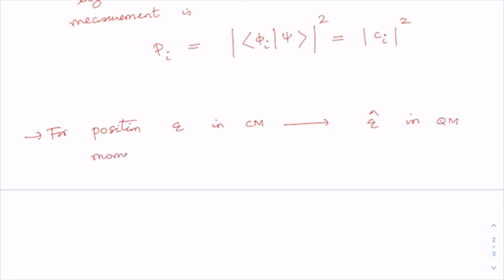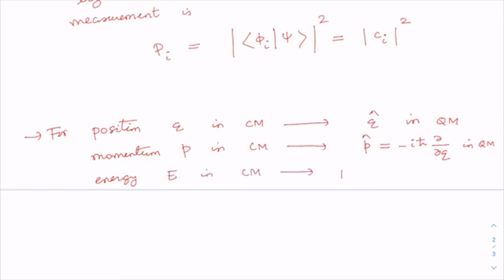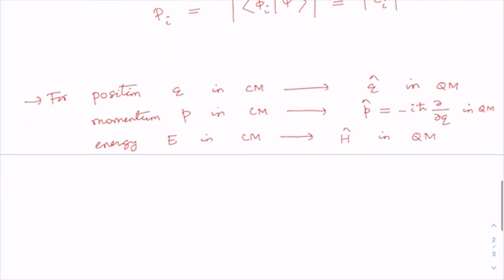For momentum p in classical mechanics, we have the momentum operator p cap in quantum mechanics, and in coordinate representation we have it as minus i h cross del by del q. And for energy E in classical mechanics, we have the Hamiltonian operator in quantum mechanics, and so on.